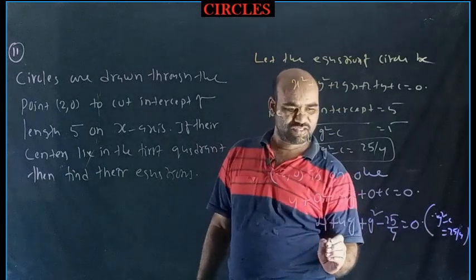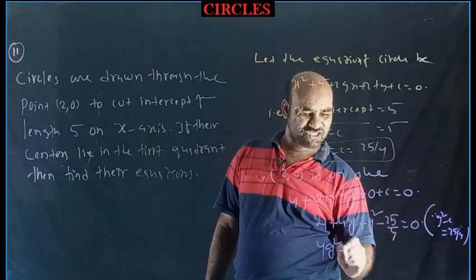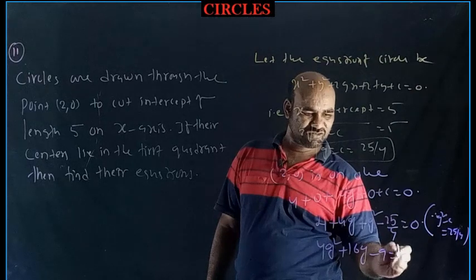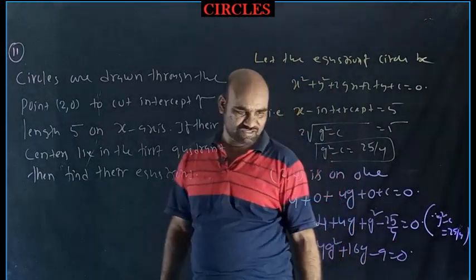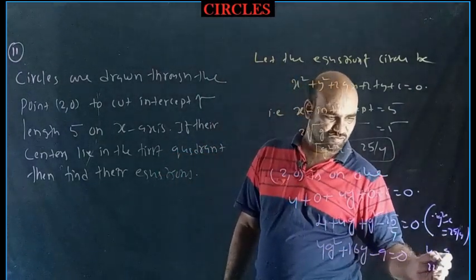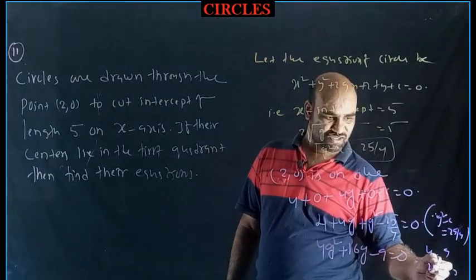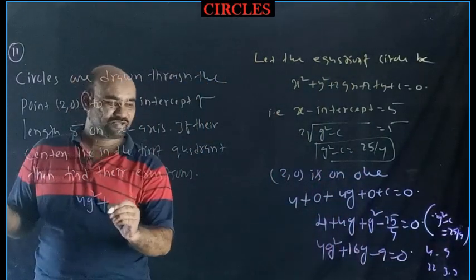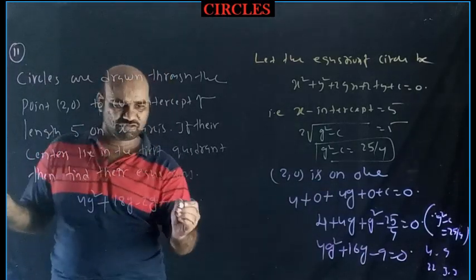Okay, now I want to simplify this. 4g square plus 16g plus 16 minus 9 equal to 0, I think. Check it. Okay, now I want to factorize this. 9 times 4 is 36, we need factors giving 18: 4g square plus 18g minus 2g minus 9 equal to 0.